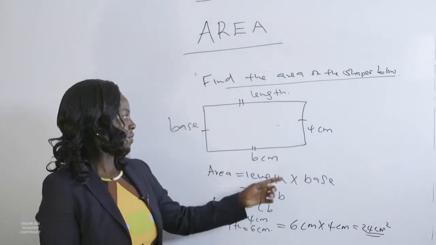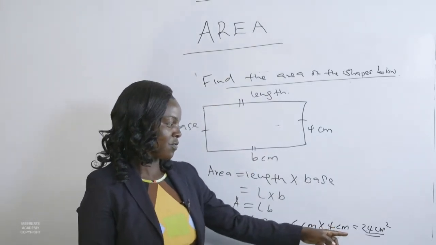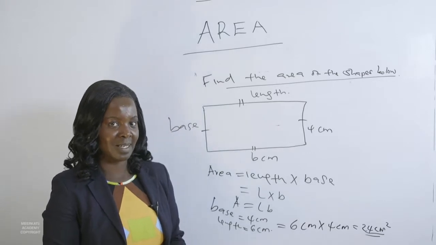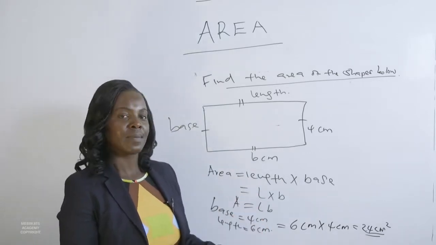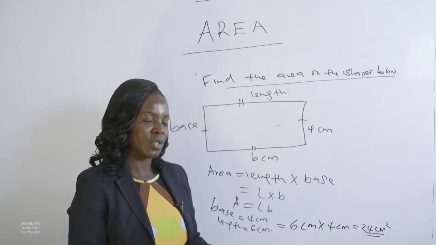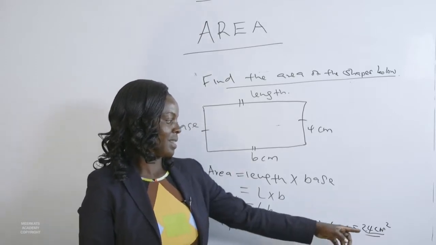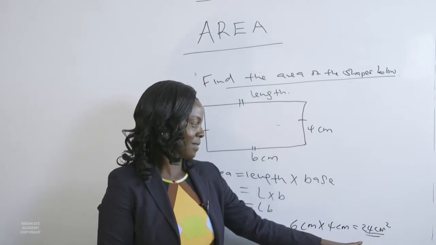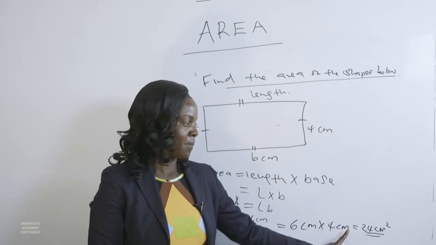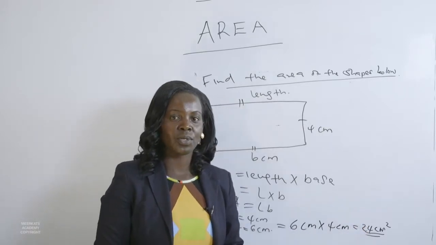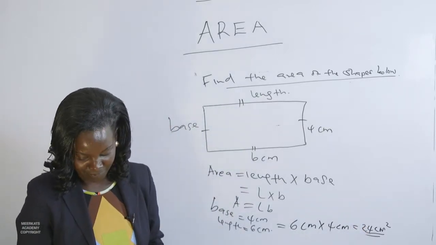So the area of this rectangle will be 24 square centimeters. And remember, we have said that the units of area are square units. You must indicate that this is square centimeters, having multiplied centimeter by centimeter. The answer will be 24 square centimeters.